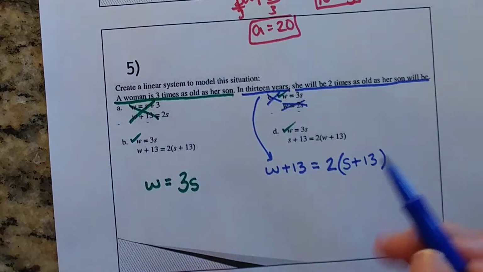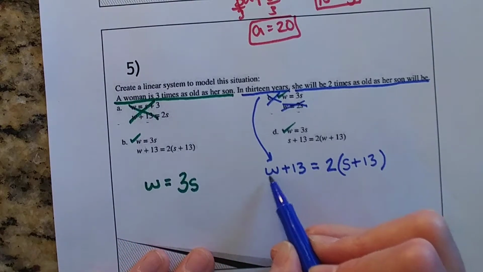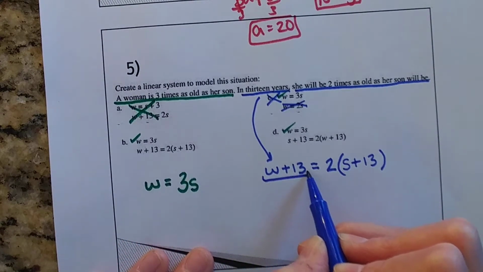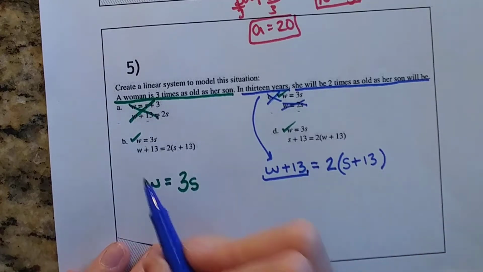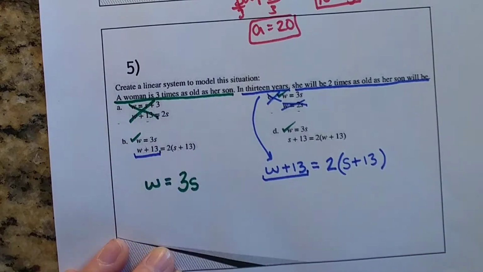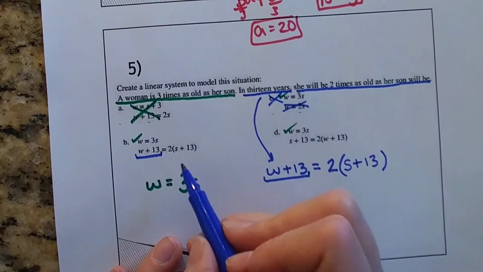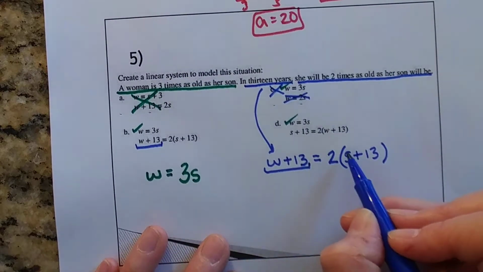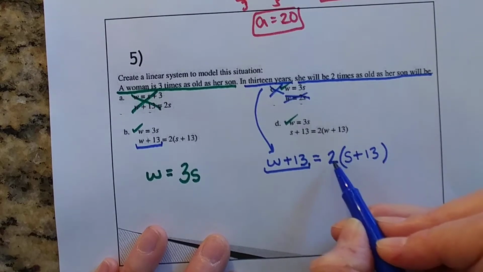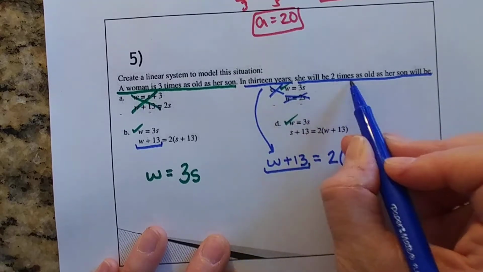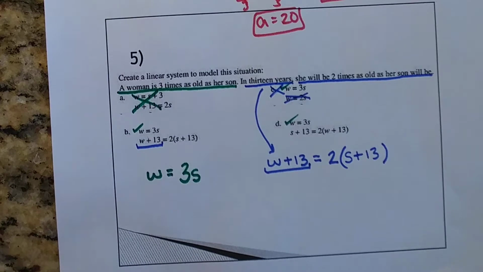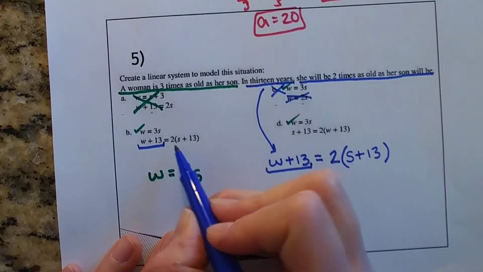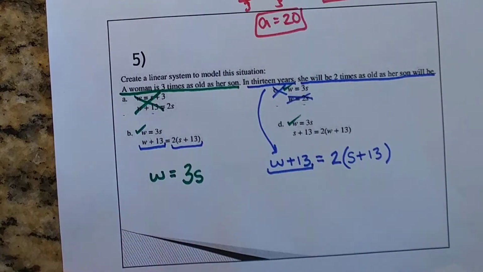So do you see how we have the woman in 13 years, and the woman in 13 years is equal to her son in 13 years, and double whatever that is, right? 2 times as old as her son. So I think that this one would match it up best. Let's try it and see if it works.